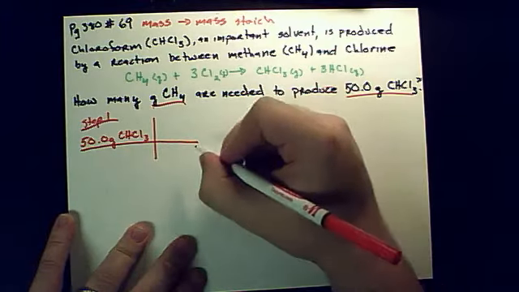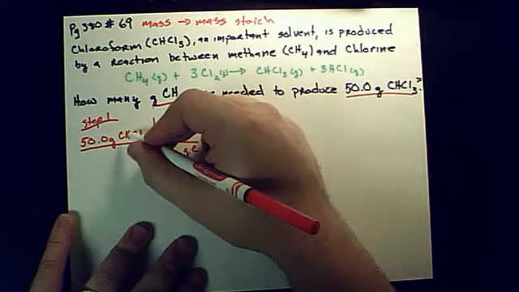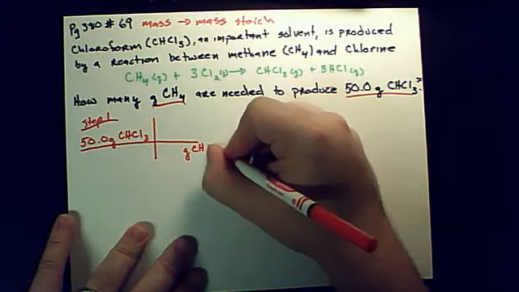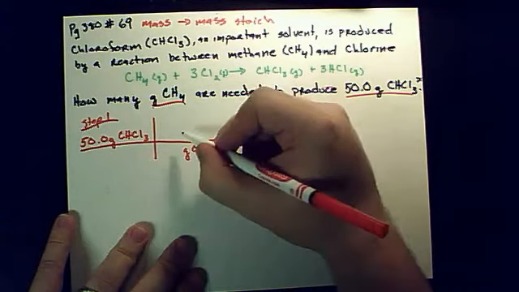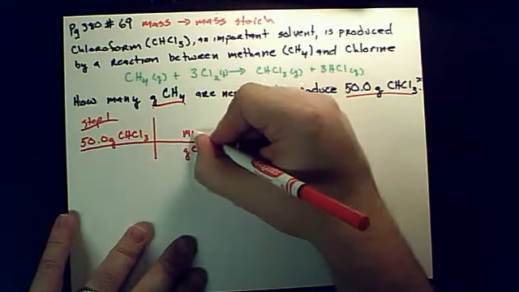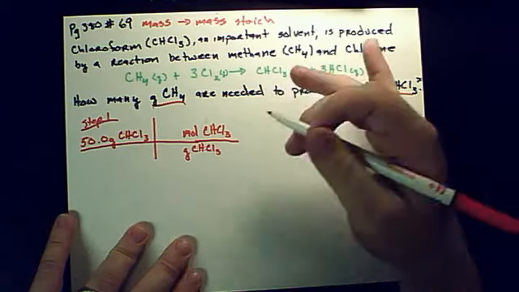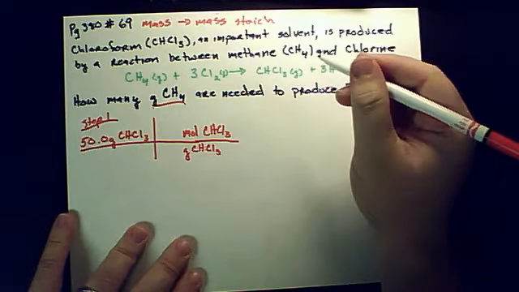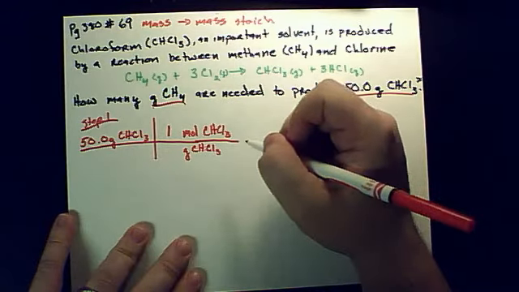If I have grams of CHCl3, I have to have grams of CHCl3 on the bottom. And step 1, I'm converting to moles, so I'm going to do moles of CHCl3 on the top. And just like all the mole conversions we did previously, it's 1 mole of CHCl3.